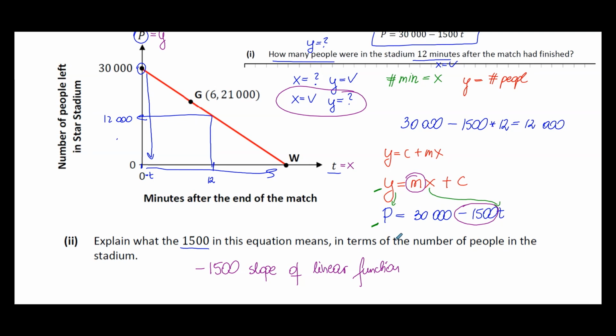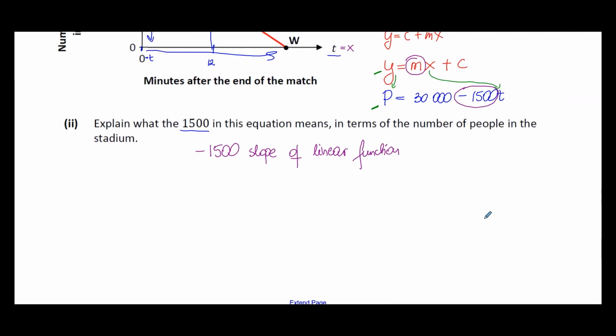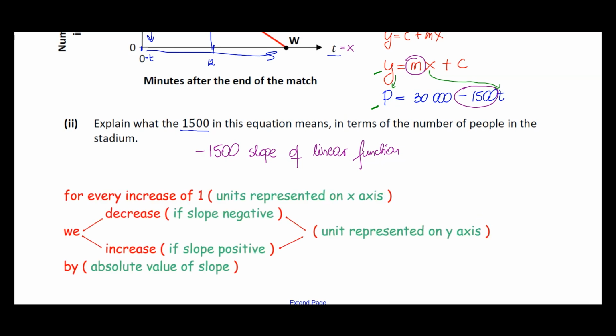So what does that mean in terms of the people in the stadium? Now, I'm going to put here a phrase, a sentence, that always works for the interpretation of the slope. Okay, so this is a phrase that works all the time for the interpretation of the slope.